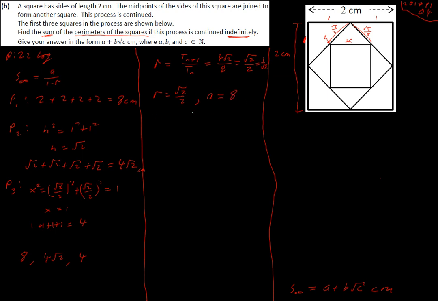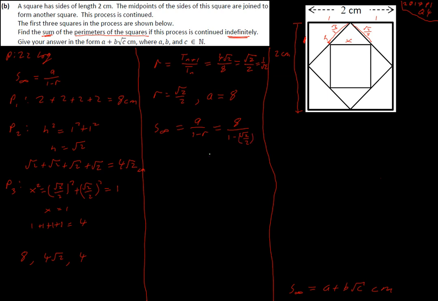So now I'm in a position where I just sub into my infinite series. So if I do that, always write down your formula when you're going to sub into it. 8 all over 1 minus root 2 over 2. Be very careful about the way that you put that in the calculator.